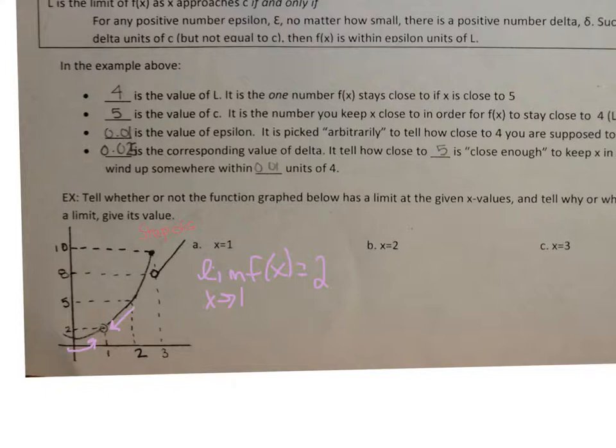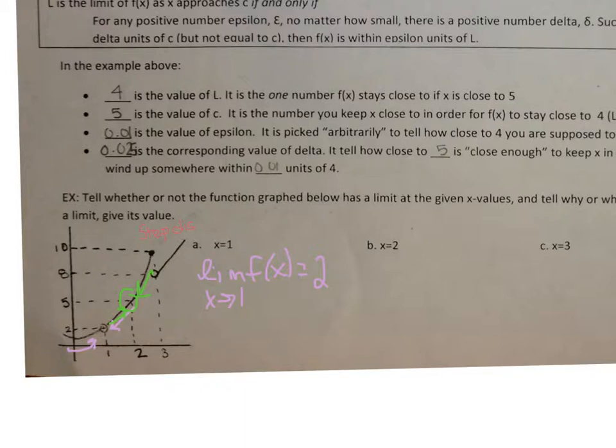Now, if we continue for number 2, we have to check our point at x equals 2. As we go up to 2, we're approaching 5. Is that also true coming down to 2? The answer is yes, right? On both sides of my curve, on the left if I go to 2 and on the right if I come down to 2, I am approaching 5.